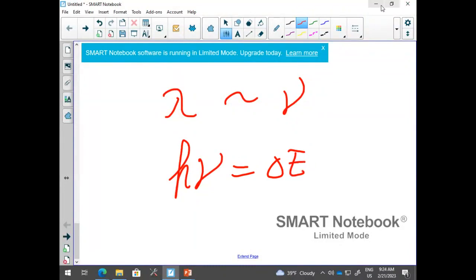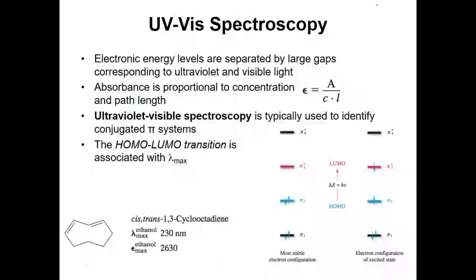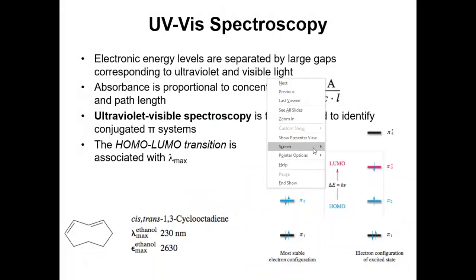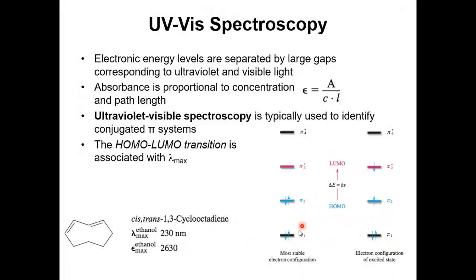For molecules that give ultraviolet-visible absorption peaks, those absorptions are usually due to the transition from the highest occupied molecular orbital to the lowest unoccupied molecular orbital.